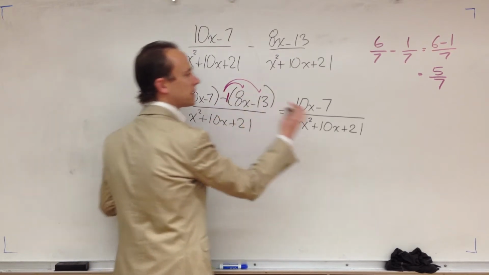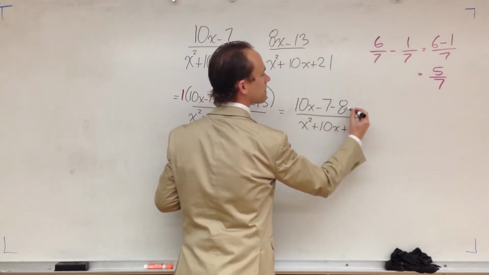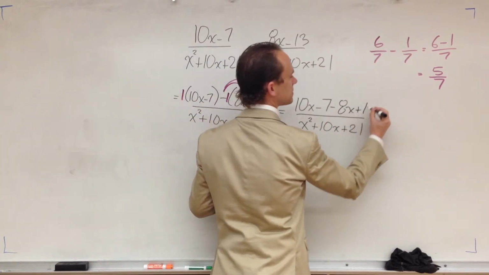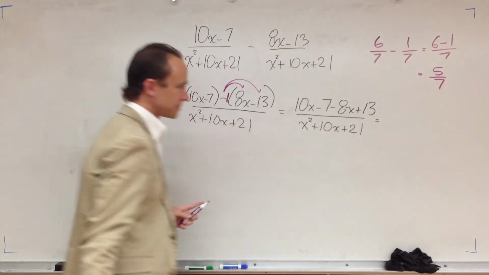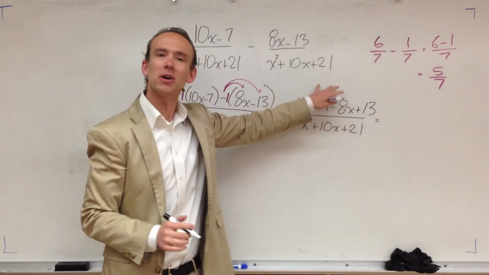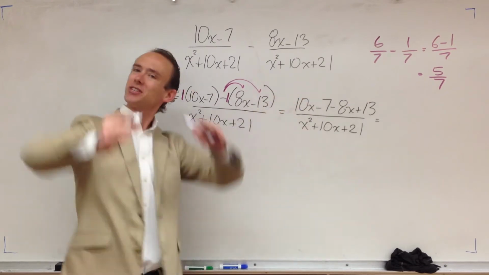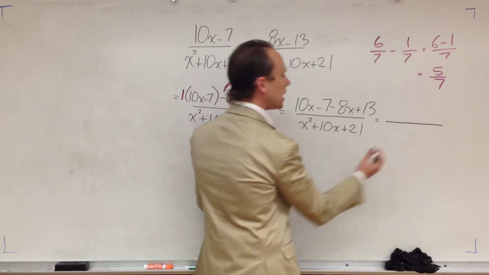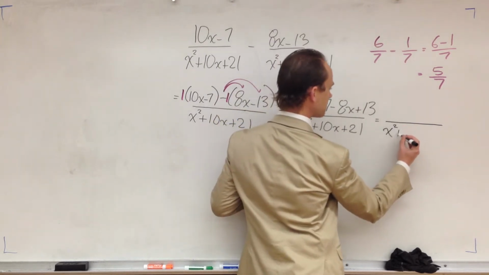Negative times a positive is negative, and negative times a negative is positive. All right, let's just keep going. The numerator is still not simplified, so I'm yet to be concerned with the denominator. I'm just going to keep rewriting it.